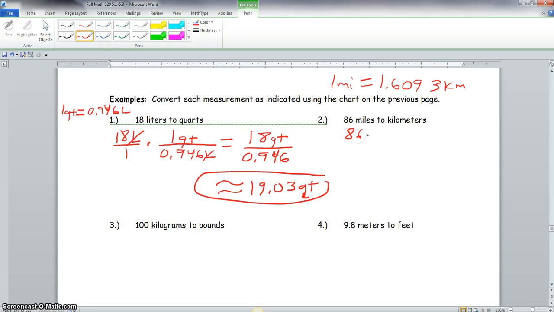You have 86, and I'm going to abbreviate miles with MI, over 1 times, we want to get rid of miles. It'll be 1 mile, and then in the numerator you have 1.6093 kilometers. Okay, now miles will simplify out with miles, and then you would just take 86 times 1.6093.